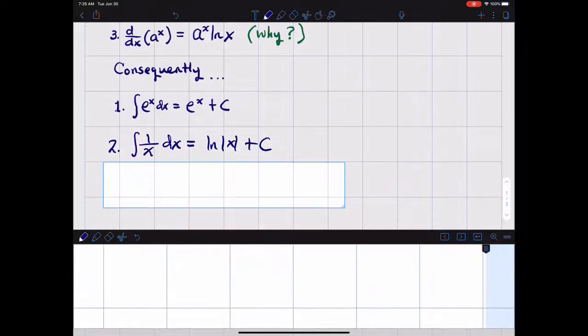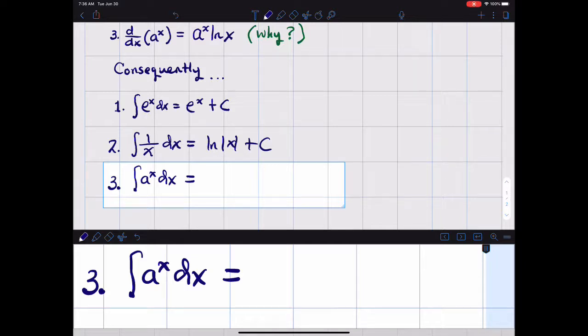This one we know already. And then the big one: the integral of a to the x dx, or the antiderivative, is 1 over the natural logarithm of a, times a to the x.